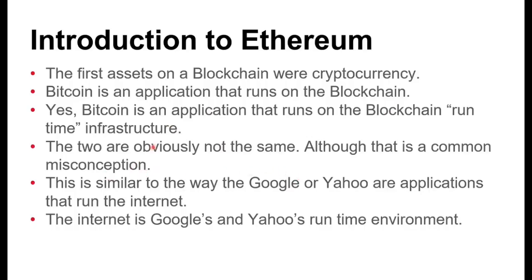So the two are not the same, although there's a common misperception that Bitcoin and blockchain are the same thing. It's a similar analogy in the way that Google and Yahoo are applications that run on the internet. Obviously, Google and Yahoo are not the internet, although sometimes it seems that way. The internet is Google's and Yahoo's runtime environment.